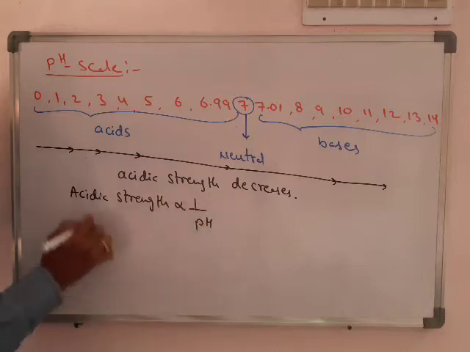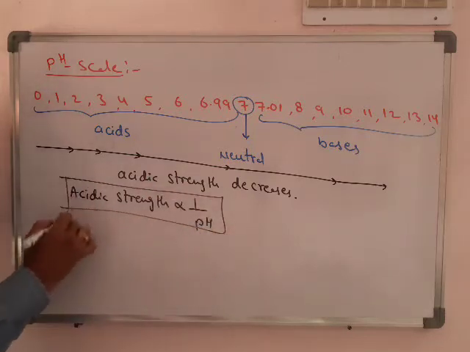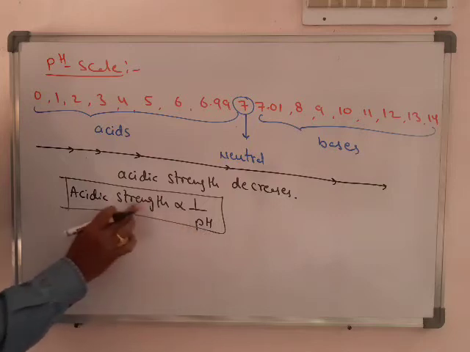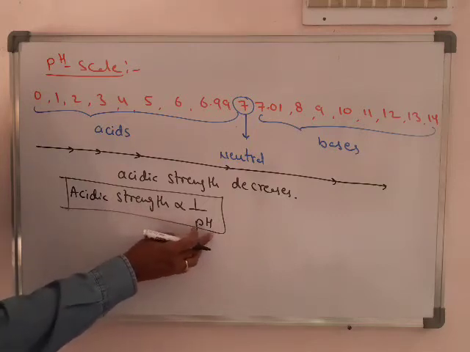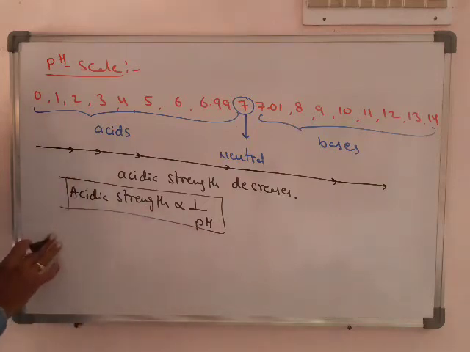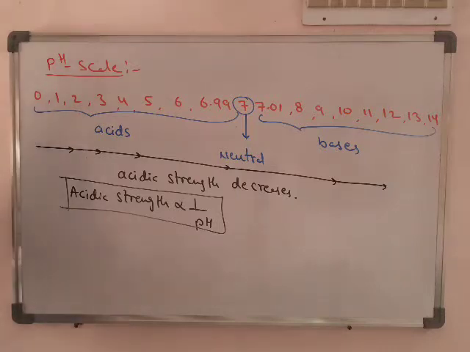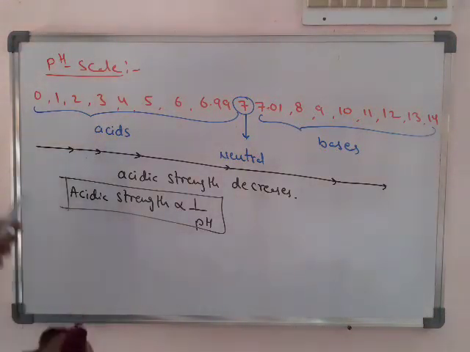If pH is less, the acid is stronger. If pH is highest, it is less acidic.